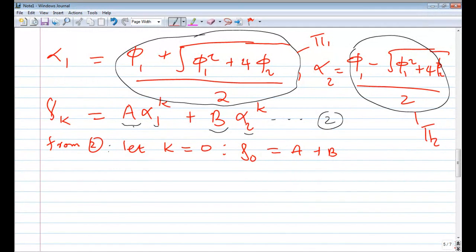But you know from the properties of autocorrelation functions, rho 0 is always equal to 1. So you can substitute rho 0 by 1, and then you solve for a, because remember, we just want to find the values of a and b. So therefore, a will be equal to 1 minus b. Are we together?